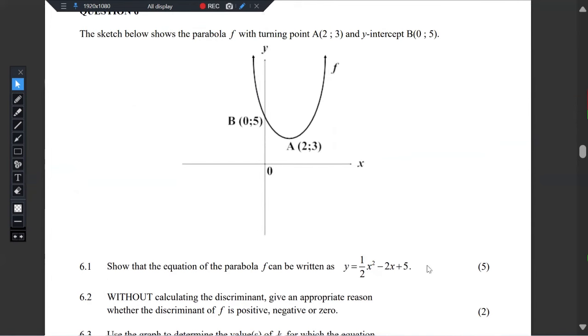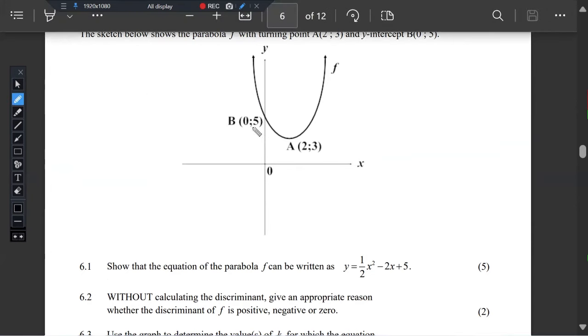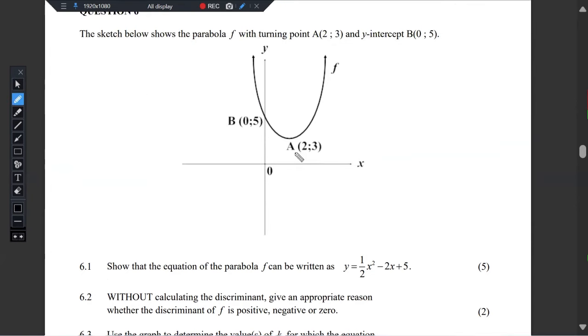Here we are given the turning point and one other point, so the formula we have to use is the turning point formula, y equals a(x minus p) squared plus q. If we apply that formula, we are going to get this.